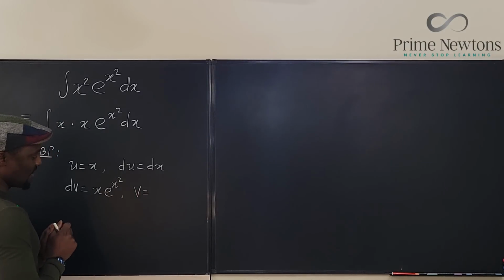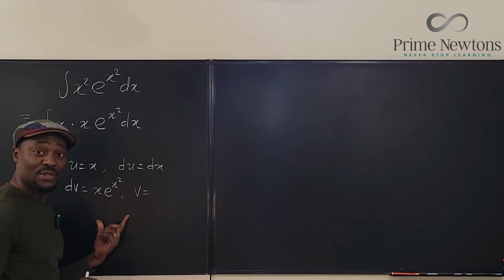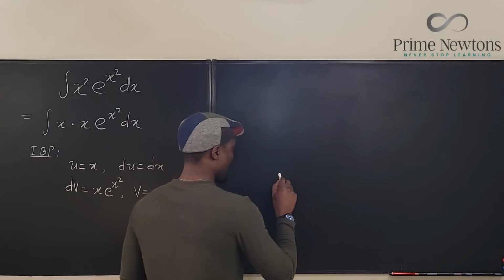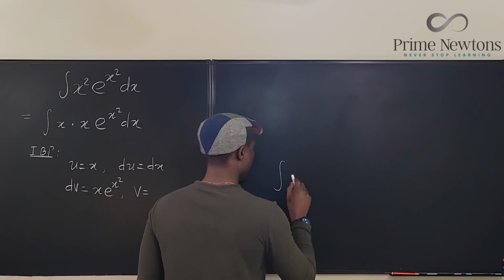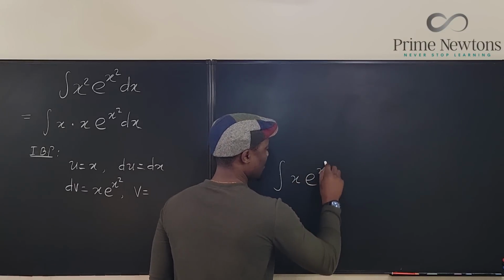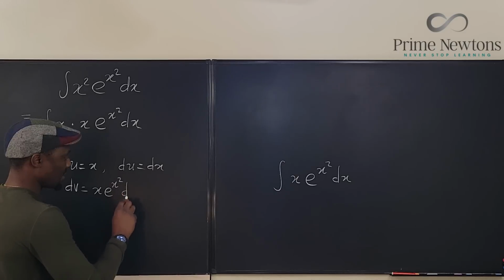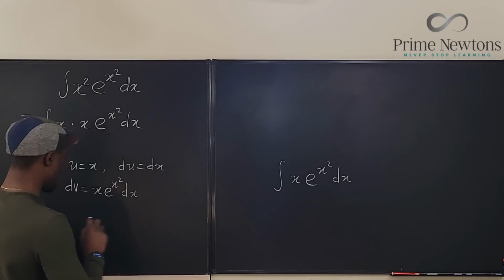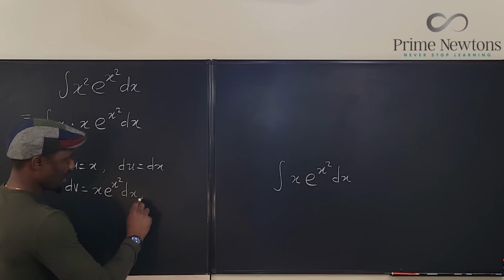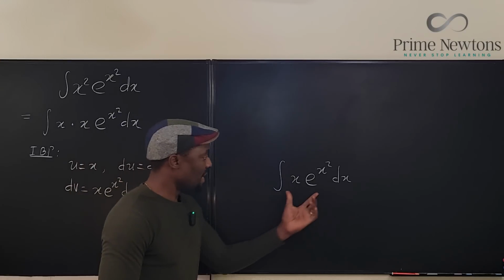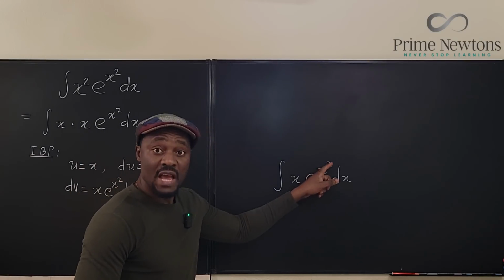Okay, how do we integrate this? This is where we have to do the u substitution. So we're integrating x e to the x squared dx, and I'm trying to find my v. Let's write v here. V will be equal to whatever we get here. So now we're going to say let u be x squared.